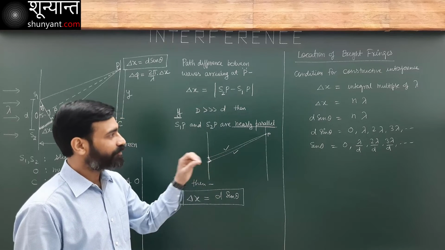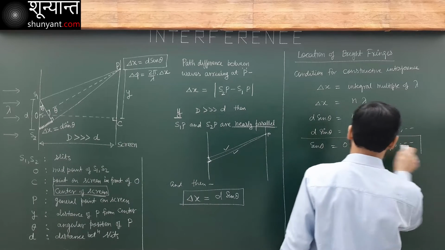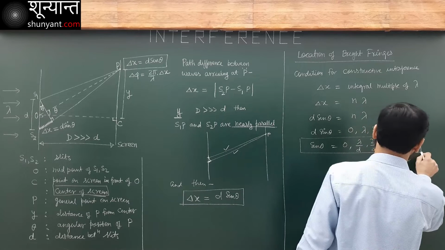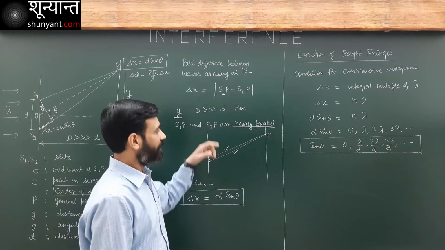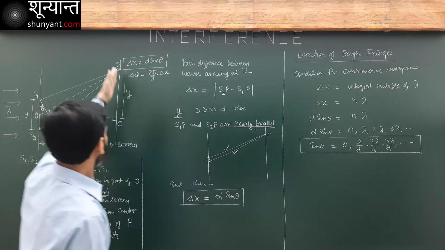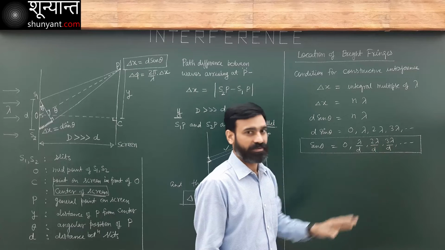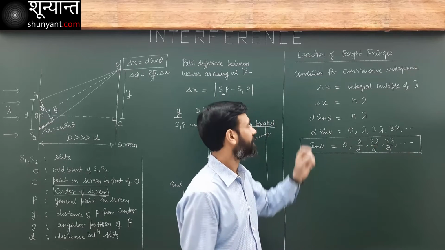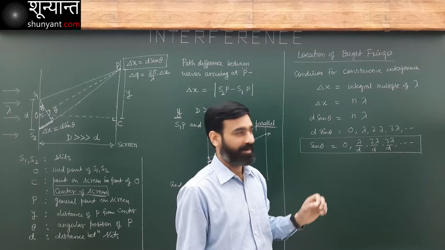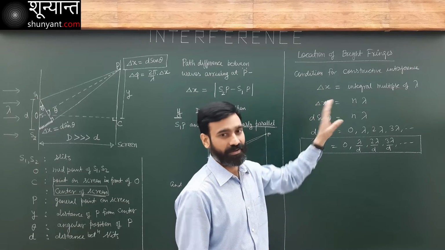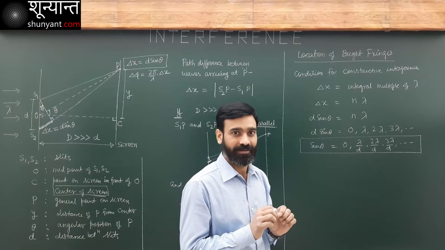These are the angular positions of bright fringes. Note it down very clearly. Whenever on this whole screen sine theta is equal to any of these values, I am going to get constructive interference. Intensity will be maximum and it will be known as a bright fringe. Do you understand this?